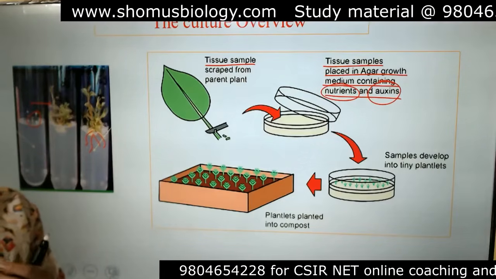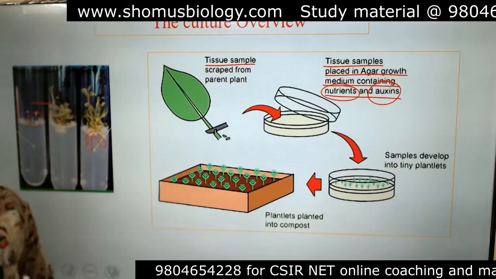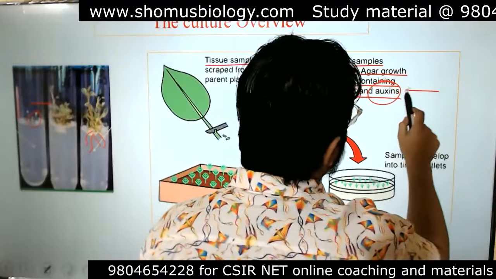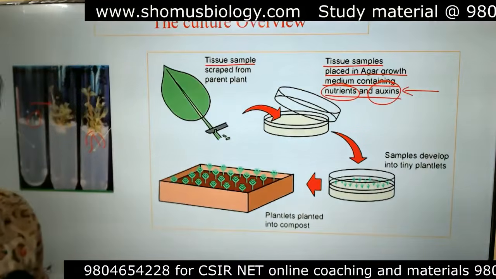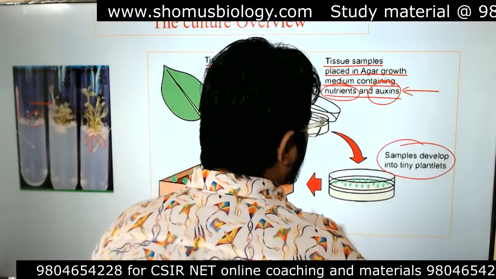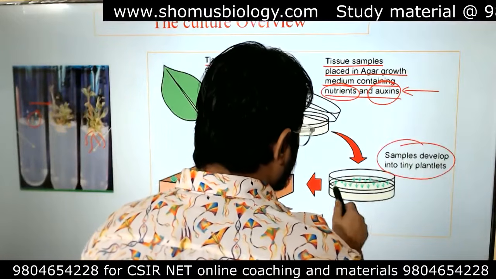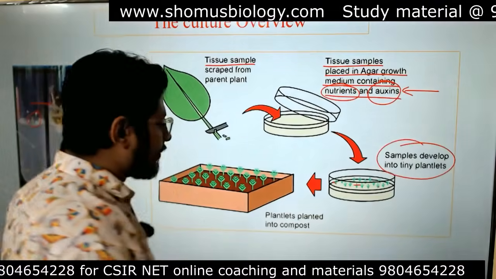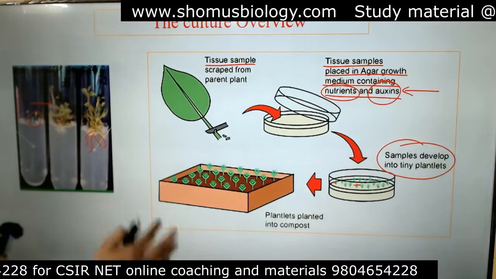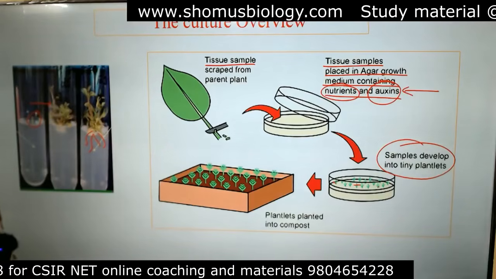The nutrients means what? Carbon source, nitrogen source. Apart from that, a growth regulator, the hormone auxin, is needed. After we provide them with everything, then the samples develop into tiny plantlets. From these plantlets, bigger plants can be produced, and you can then shift them to the soil and they can grow.